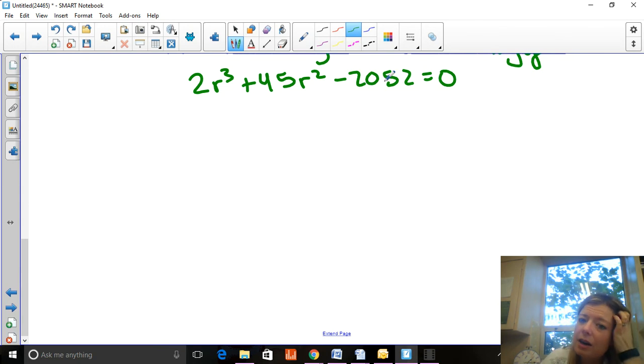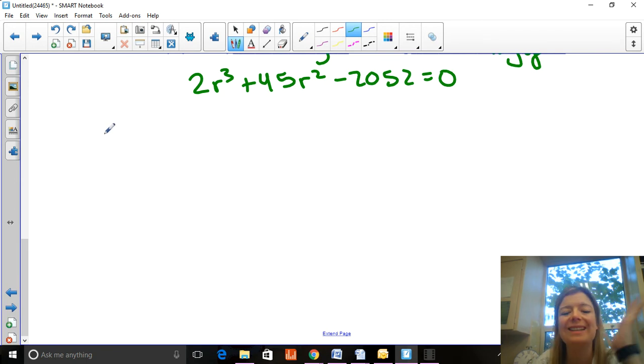Well, think within the context of this problem, though. It's the volume of a silo, right? We're looking at that silo. What are the chances that the radius is going to be bigger than the height? Does it make sense to have a wider base than it is tall? No. And you can also think about the fact that r also has to be positive.